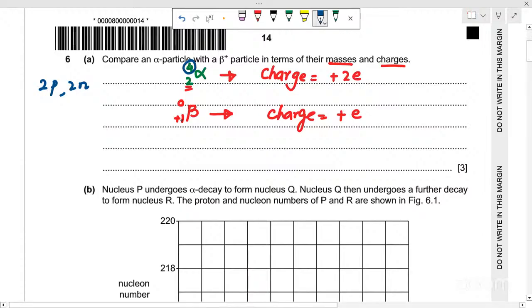So you will say the mass of alpha particle is much greater than the mass of beta positive particle. And the second thing, both have positive charge. And the third thing, the magnitude of charge on alpha is twice the magnitude of charge on beta. So these are 3 points you have to mention over here.